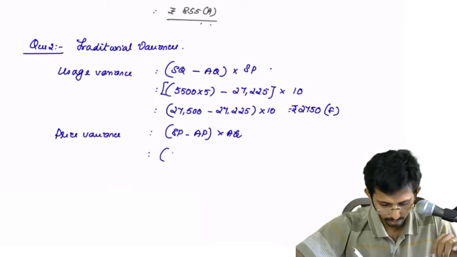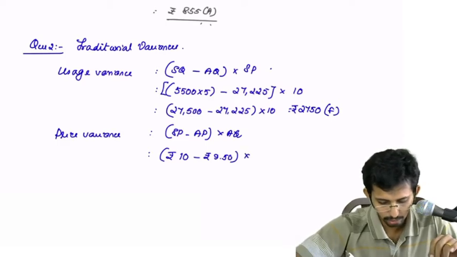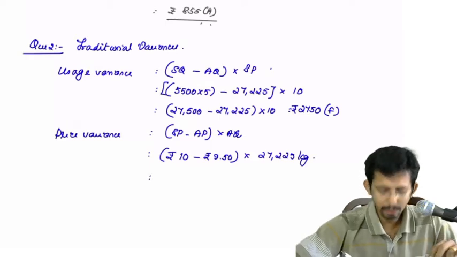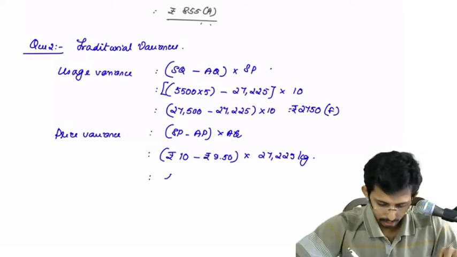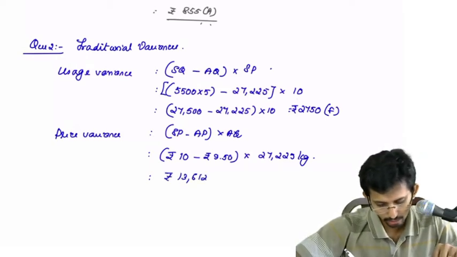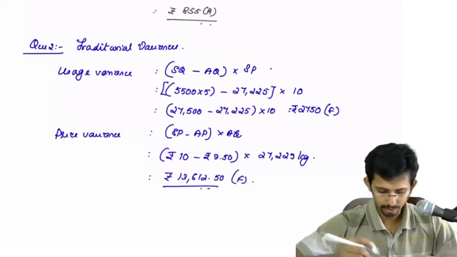So rupees 10 minus rupees 9.50, into actual quantity of 27,225 kgs, and that will give you the price has come down. So again it is a favorable variance, and this will be rupees 13,612.50, again favorable.